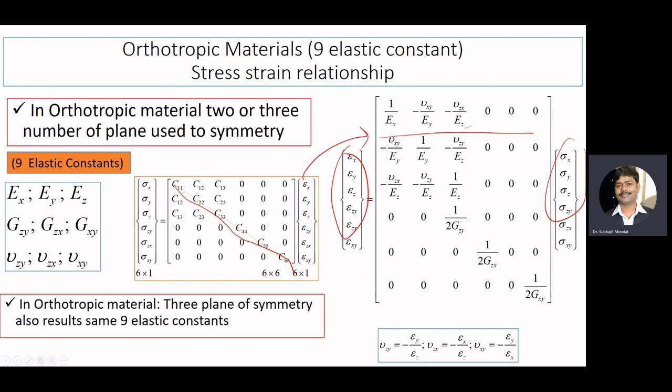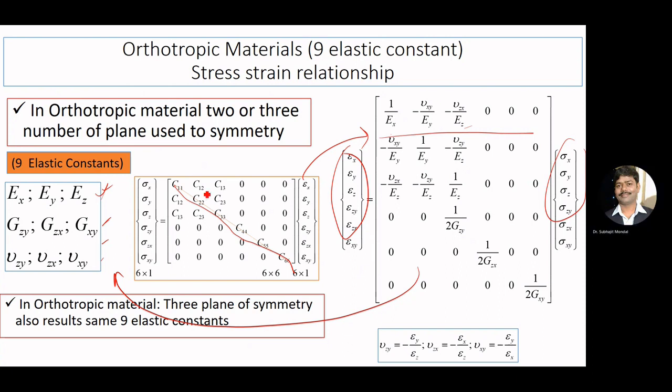So our 9 independent elastic constants can be calculated from these 9 engineering constants.